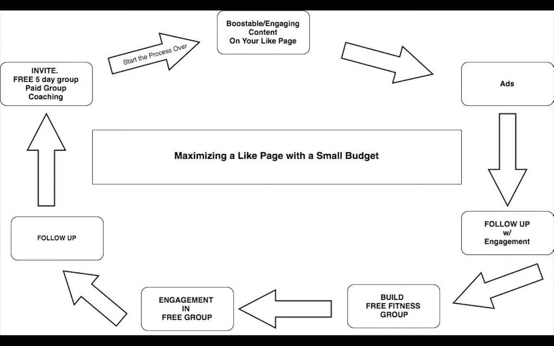Okay, so the title of this is Maximizing a Like Page with a Small Budget. That's really the goal of this group, the Hustle Group, over the next month, because here's the reality, guys. At $100 a month or $150 a month, you can't run straight-up coaching challenge group ads anymore. Facebook is just too expensive to do that.